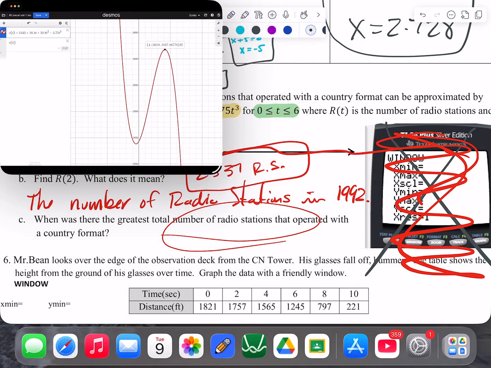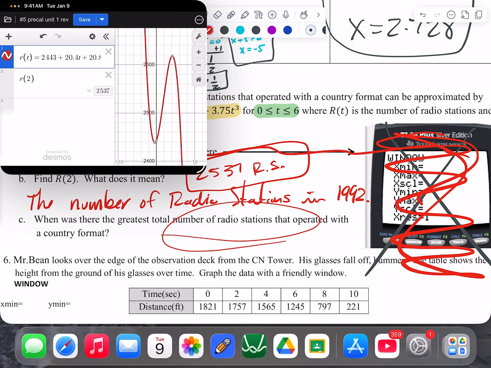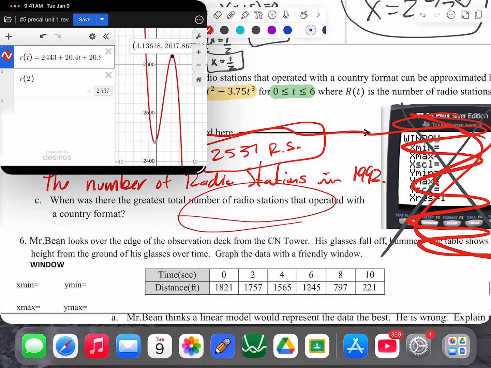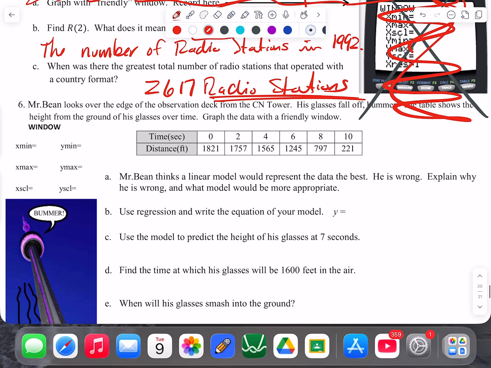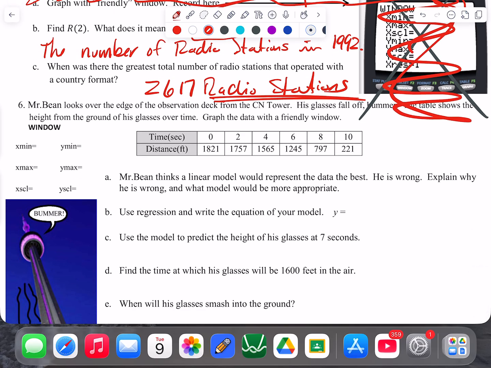So that would be the answer. Now, when you write your answer, make sure you don't just put the number. Write down 2,617 radio stations. Make sure you tell me what the number represents. And we're done. Easy. All right, one more and we've made it to the end.